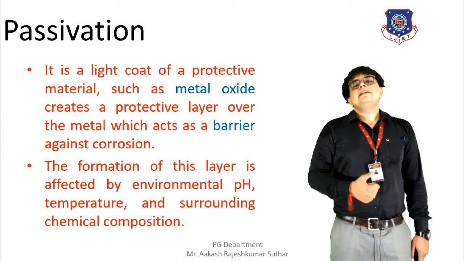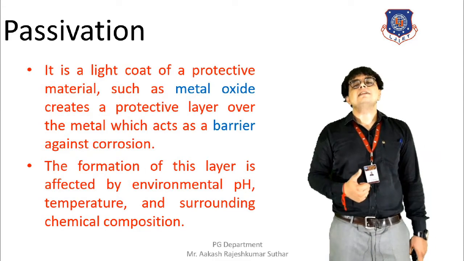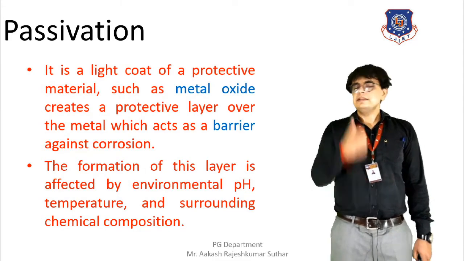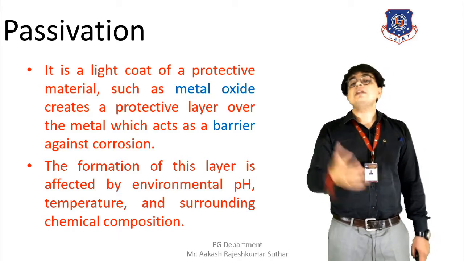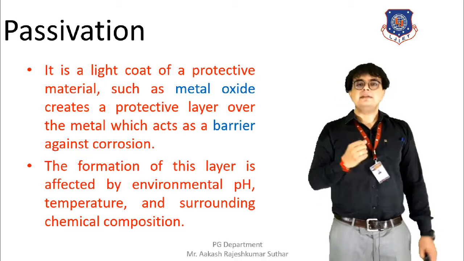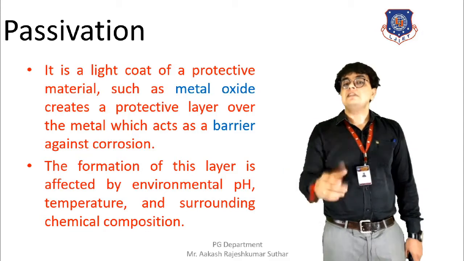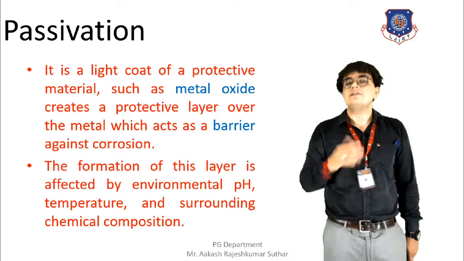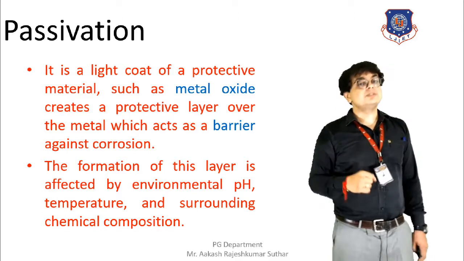Moving towards the last method for the prevention of corrosion, that is passivation. Here a light coat of a protective layer is applied on the outer surface, and by this a barrier is created between the external agents that cause the corrosion and the metallic surface, that is the metal on which there are chances of corrosion.